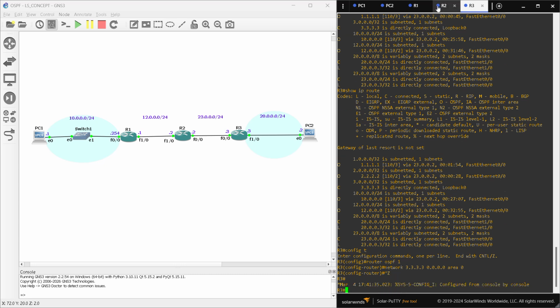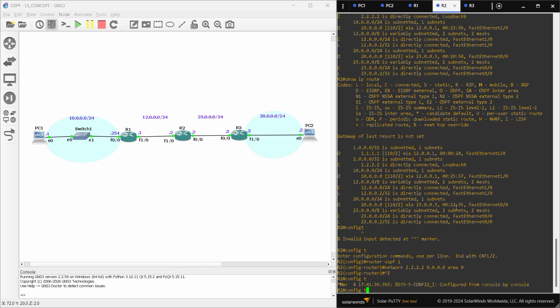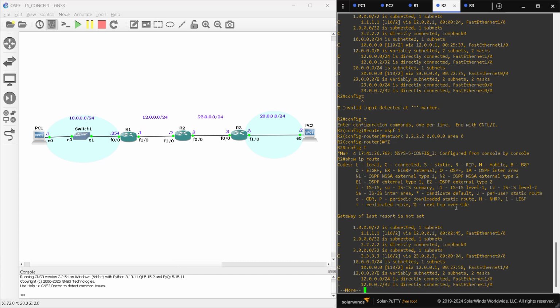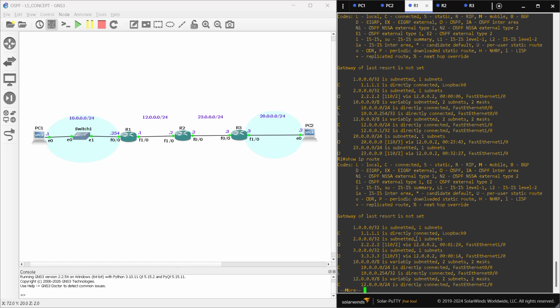Now let us go and check in R2. Do we have R3's loopback? Yes, we do, learning via OSPF. What about R1? R1 also has the information.